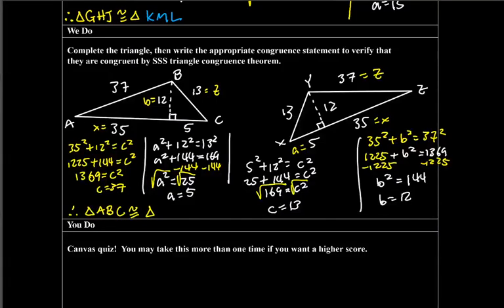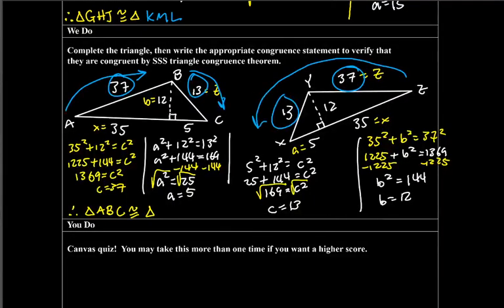Okay, so let's see. ABC. A goes to B with 37, and then B goes to C with 13. So let's look for 37 to 13, that direction. So we're going this direction. So Z starts it all, then goes to Y, then to X. So triangle ABC to this.